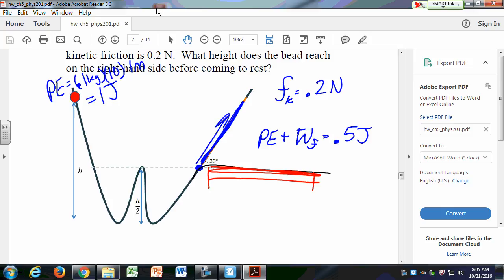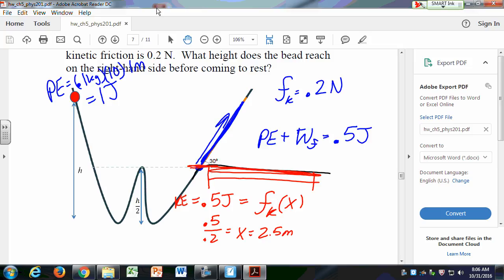Well, I know that it has a kinetic energy of 0.5 joules at this point, and that's all going to be taken away by the frictional force, which is the kinetic frictional force times the distance x. And so I'd say 0.5 divided by 0.2 would equal x, which is equal to 2.5 meters.